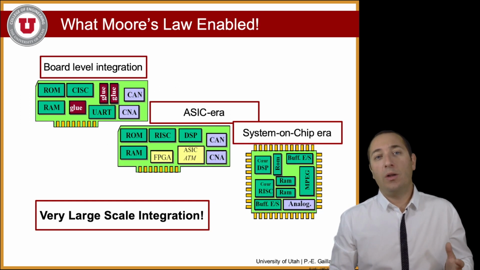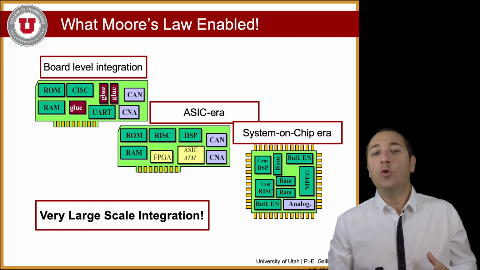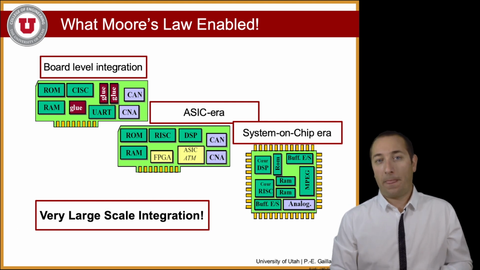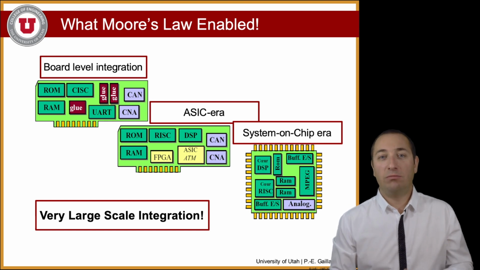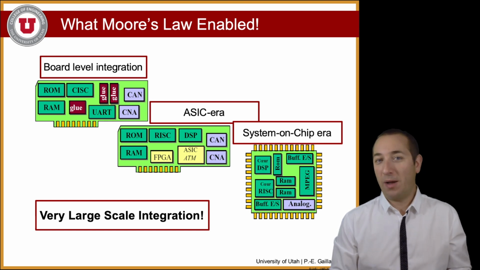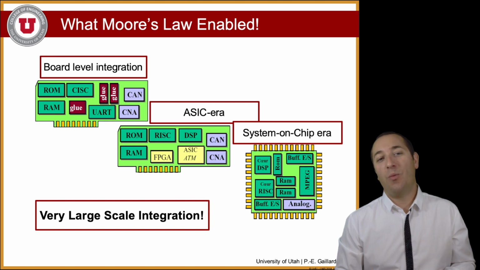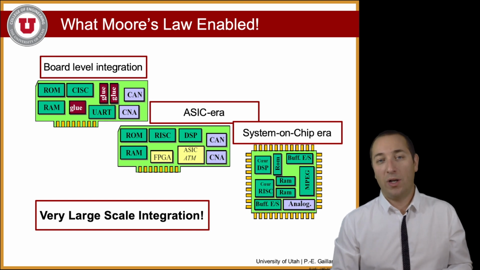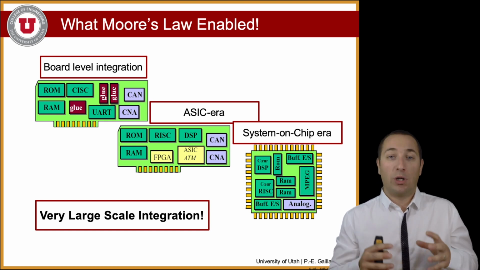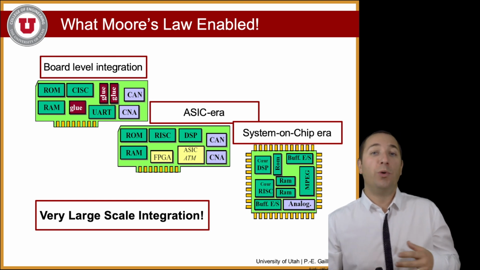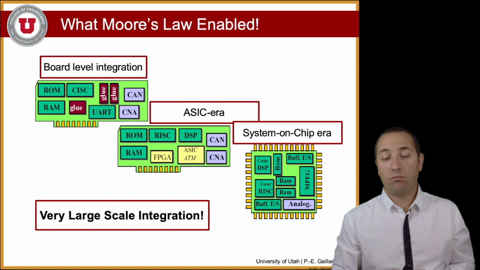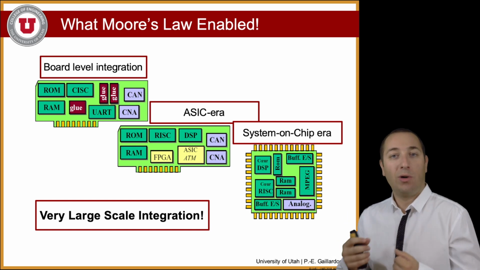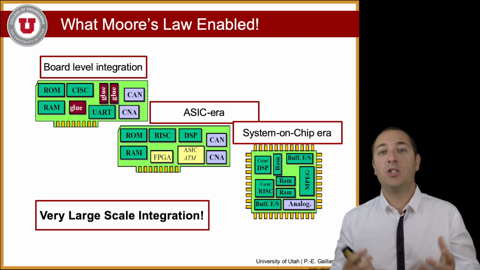So now, what did Moore's law enable? Well, in the 70s, the Apollo program, for example, board-level integration was the key, where on a single board, you would put various packages that would contain memory, processor, general logic, peripherals, and so on and so forth.